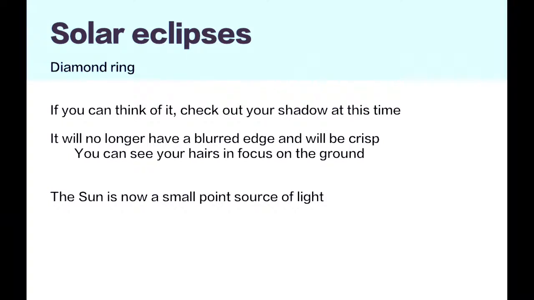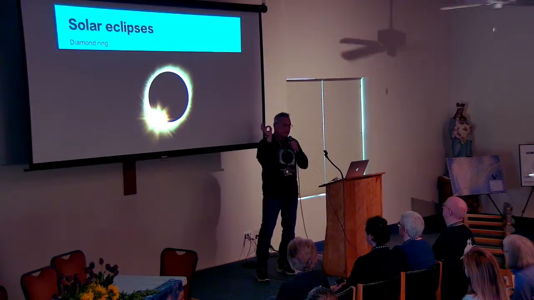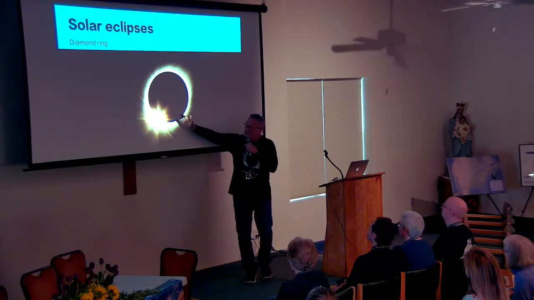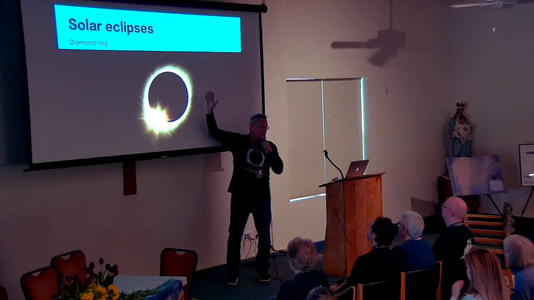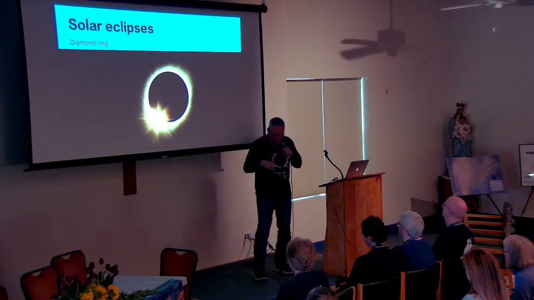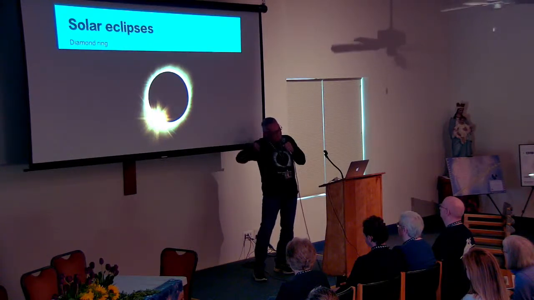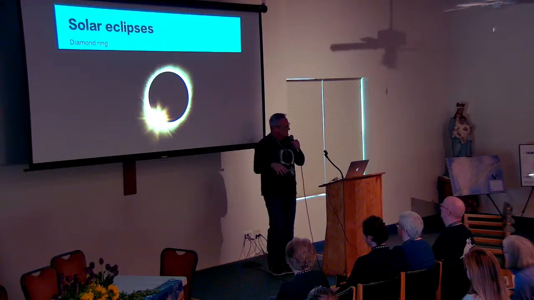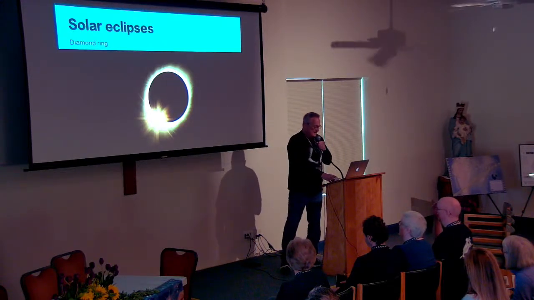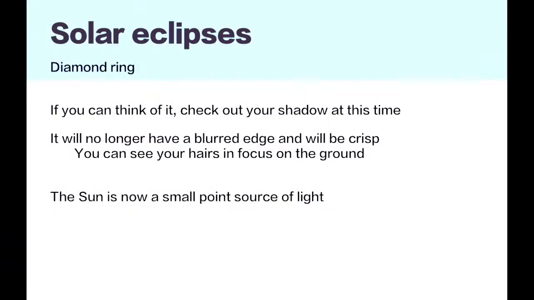But when it's in this position, it's a tiny little dot of a sun. It's still pretty bright, surprisingly. Like even now, it's just starting to get dark. I mean, you really have to cover a lot of the sun for us to notice, which you're going to see too. But once you get to this point, you've got a little tiny dot of a sun, and if you look down, you have a very crisp shadow. You can even see your hair, like, focused. Okay, so if you get a chance, that should be pretty cool. I know, a lot to do in 4 minutes, right?